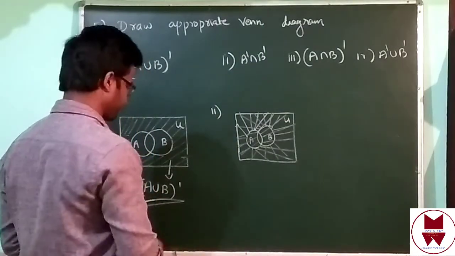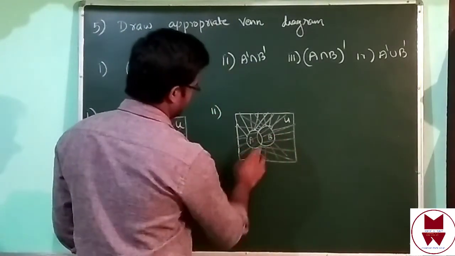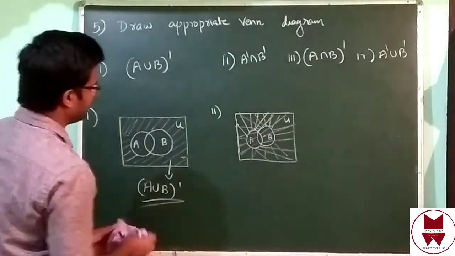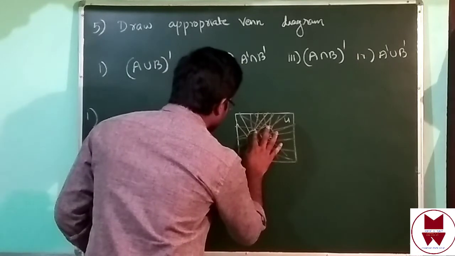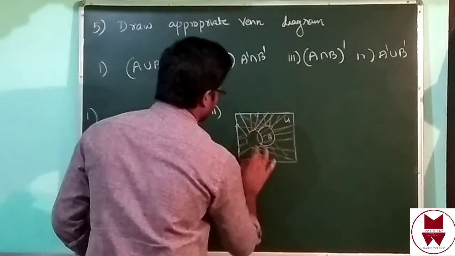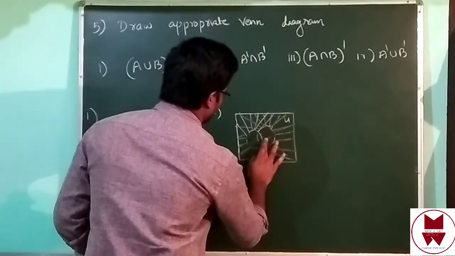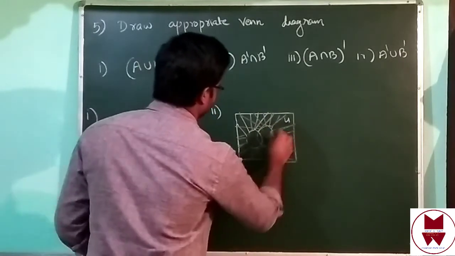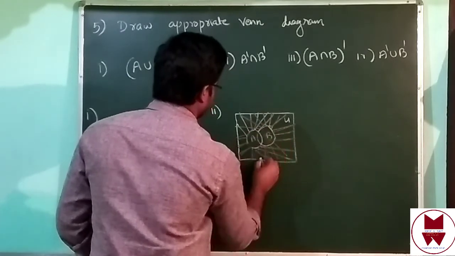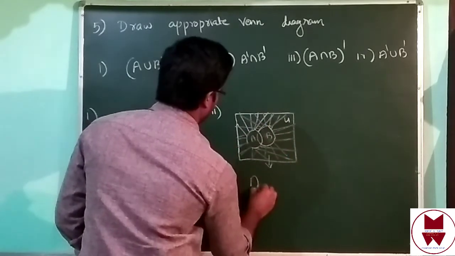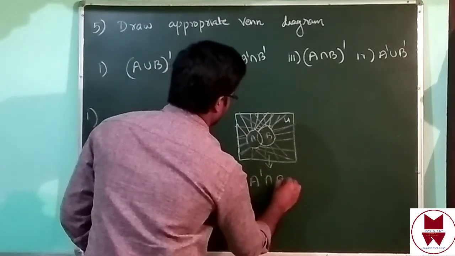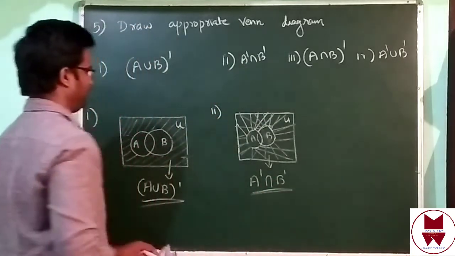That means where the two regions join, the common part only we will consider. This part is not needed, because that is not common. Here also, that is not common. The shaded region is A complement intersection B complement. This is our answer.